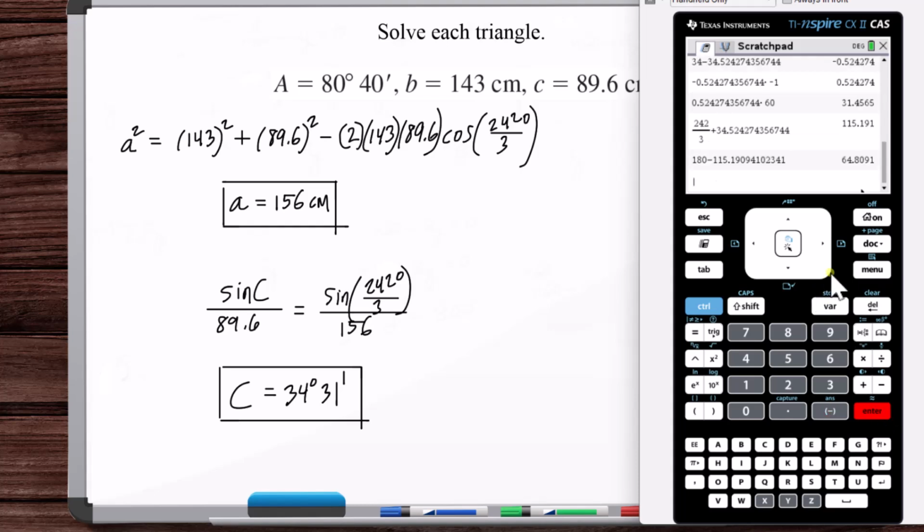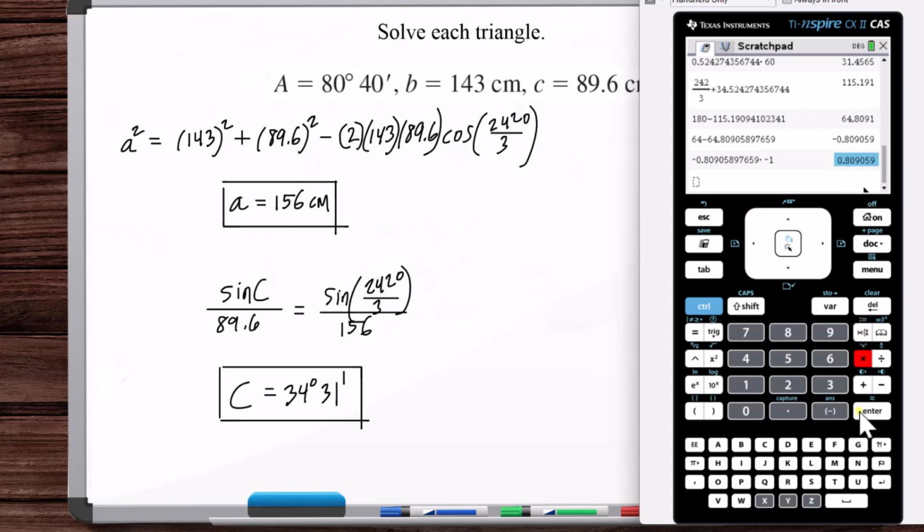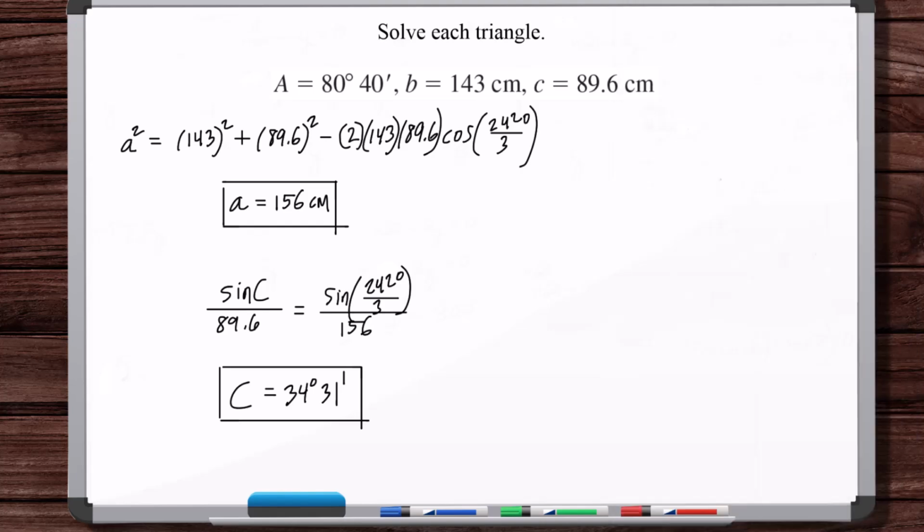Okay, 64. So now what is 64 minus? So it's 64 degrees, 64 plus this many degrees. Now let's multiply that times 60. So 64 degrees, 49 minutes is B.